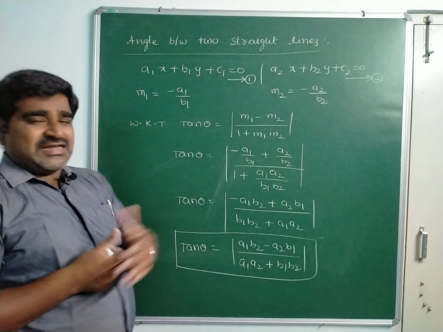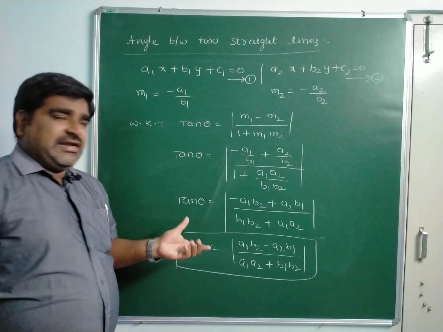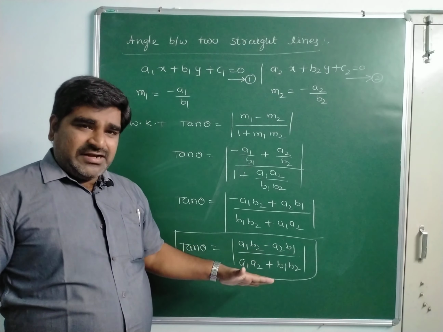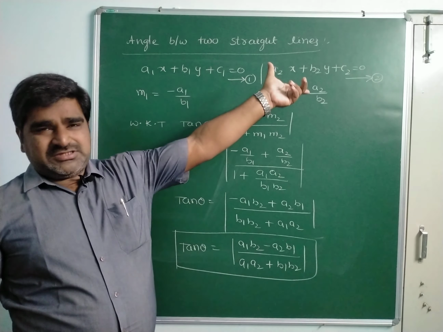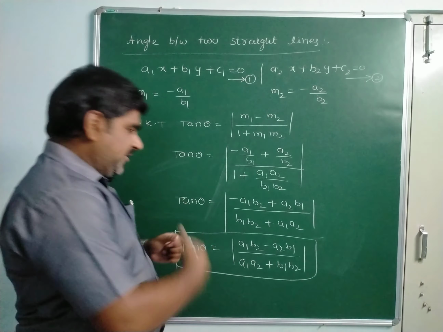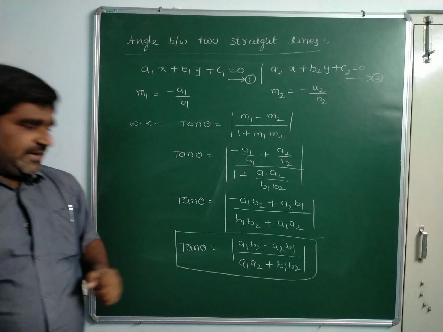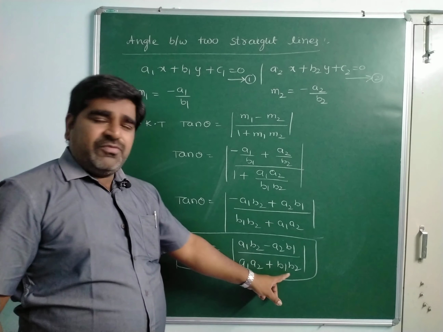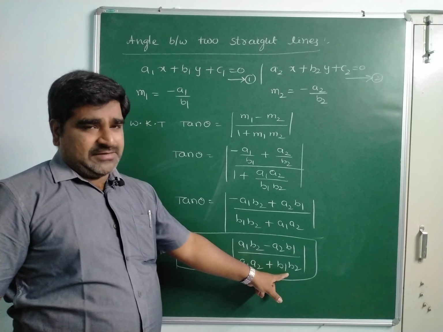Sir, how do you get cos theta and sin theta? So tan theta, by using trigonometric ratios, is opposite side by adjacent side. From this we can find the hypotenuse. Let me explain. a1 b2 minus a2 b1 is the opposite side, a1 a2 plus b1 b2 is the adjacent side.